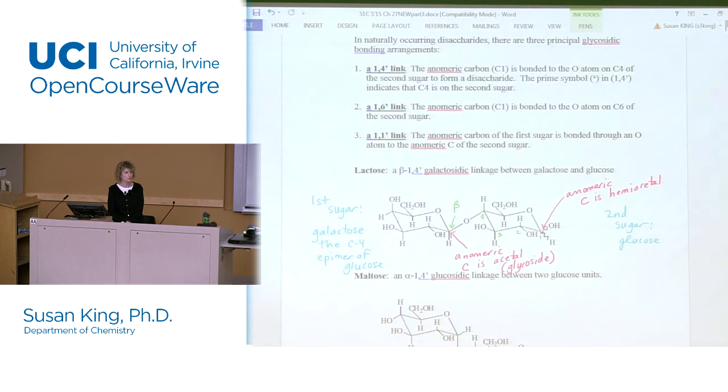So this is a beta 1,4'. Sugar number 1 is galactose, so it's a galactosidic linkage. Beta 1,4' galactosidic linkage. And that's galactosidic because sugar number 1 is galactose. All right? Questions on how I did that?